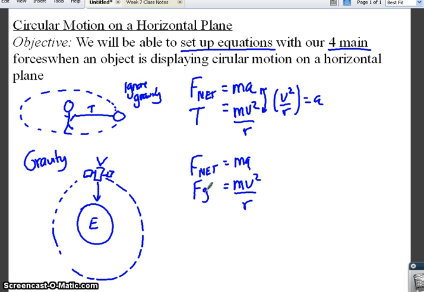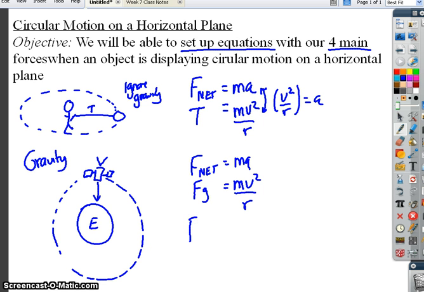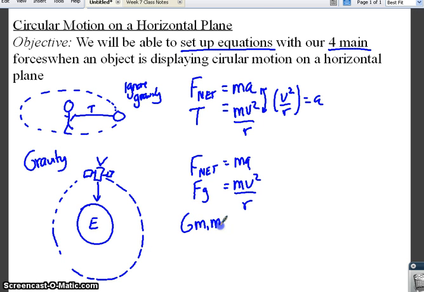And if you remember the equation for gravity, it is, excuse me, I messed that up right there. The equation for gravity is G m1, mass of Earth, over r squared, equals mv squared over r.